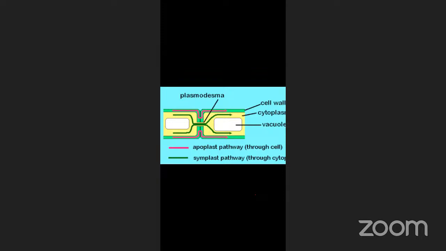The movement through the apoplast does not involve crossing the cell membrane. This movement is dependent on the gradient. The apoplast does not provide any barrier to water movement, and water movement is through mass flow.